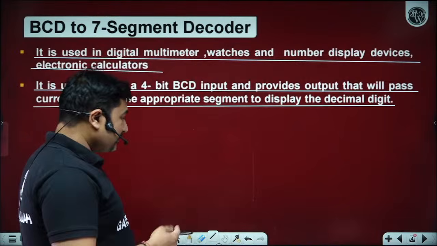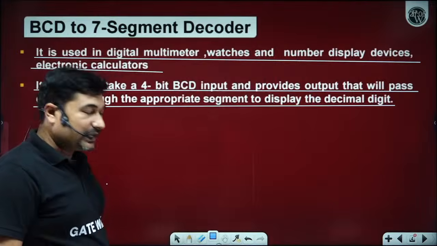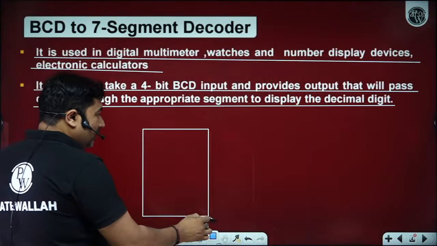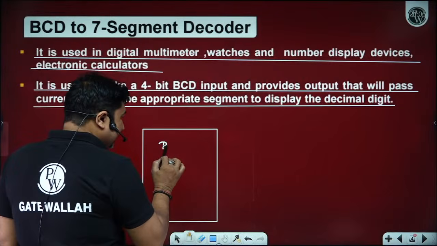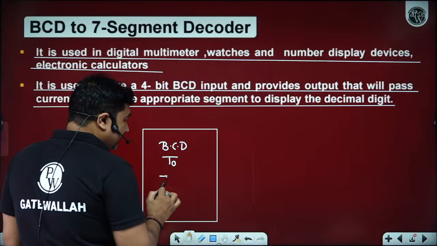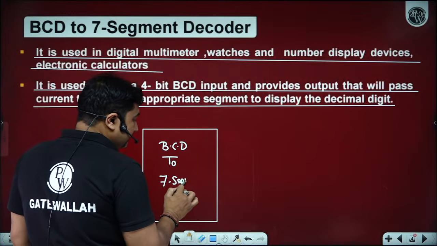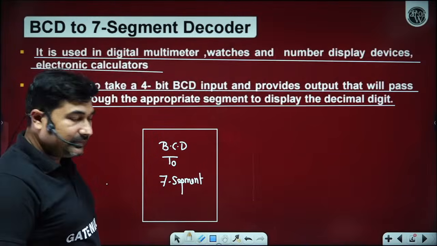Please observe, we have to design a BCD to 7 segment decoder. Here we have one decoder, binary coded decimal to 7 segment. Binary coded decimal is from 0 to 9.